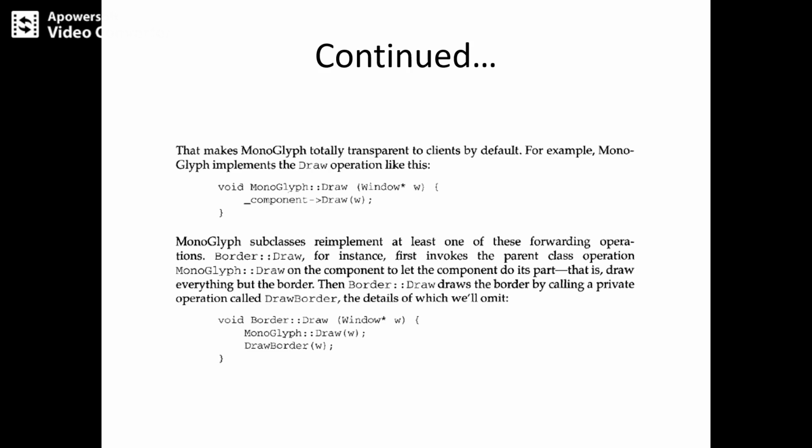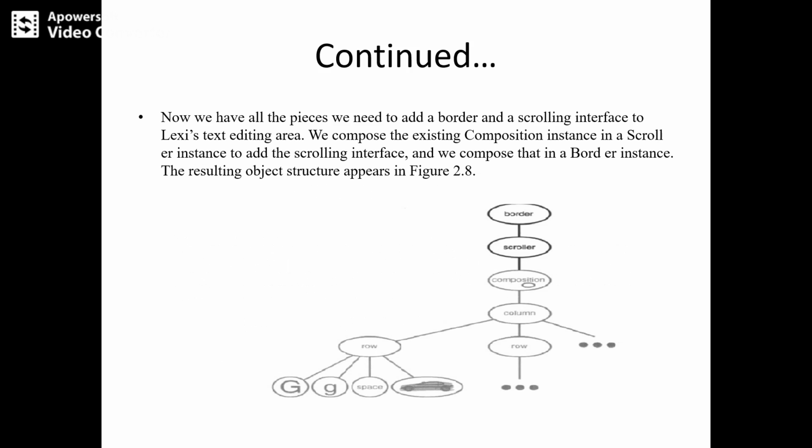Another thing we need to discuss is the scroller. A scroller is a monoglyph which draws the component in different locations. Now we have all the pieces we need to add a border and to add a scroller, which will scroll the entire application or pages.